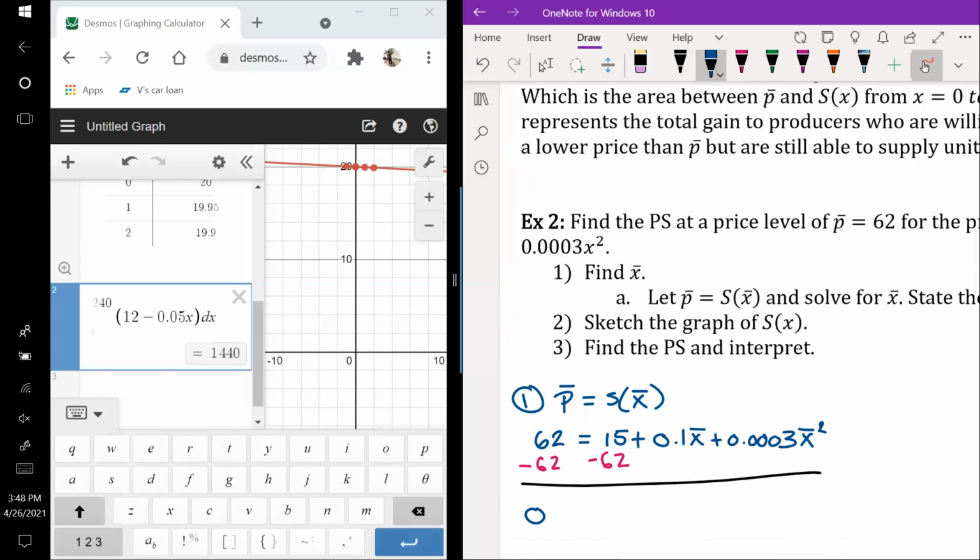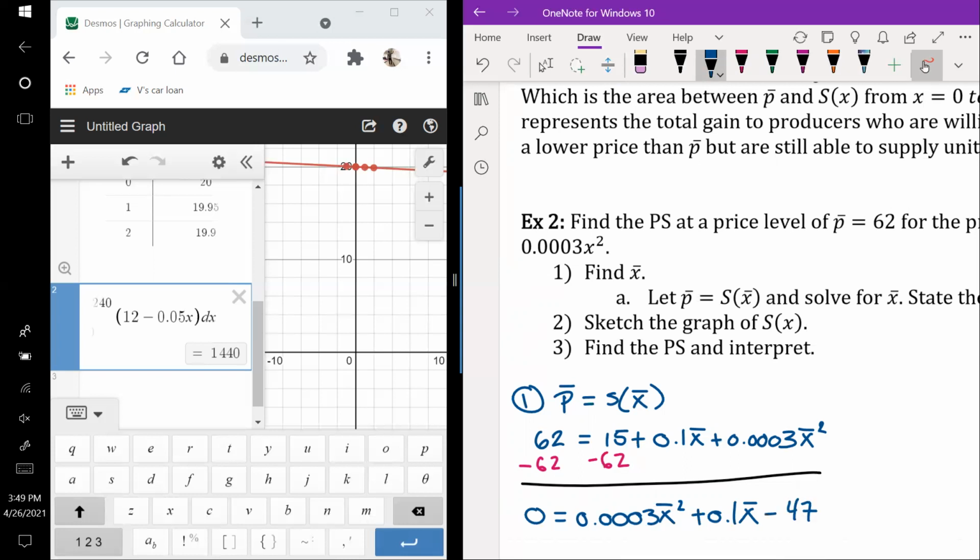So you have 0 on the left side, and the way I'm going to rewrite the right side is with highest power first: 0.0003 X bar squared plus 0.1 X bar, and then 15 minus 62, was that -47?